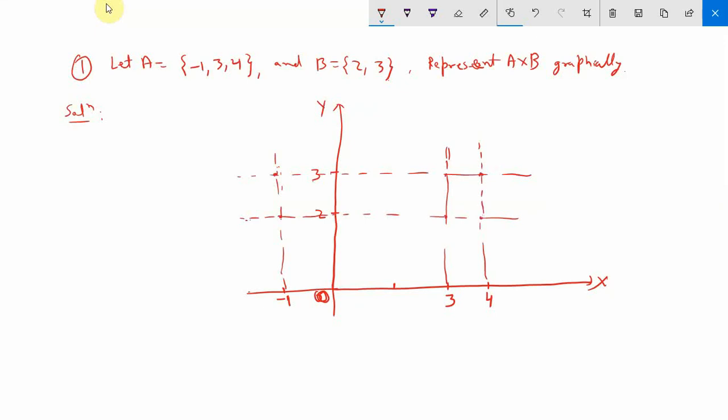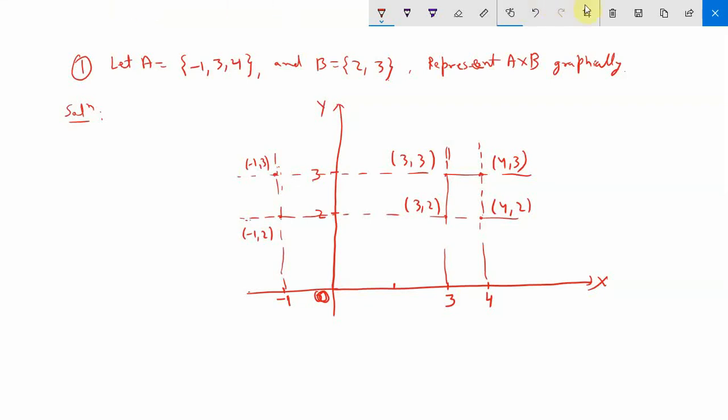So by product also, 3 into 2 we will get 6. So this one is (-1, 2), (-1, 3). This is (3, 3) and (3, 2). This one will be (4, 2) and this one is (4, 3). Okay friends, so this is how we represent the Cartesian product of two sets graphically.